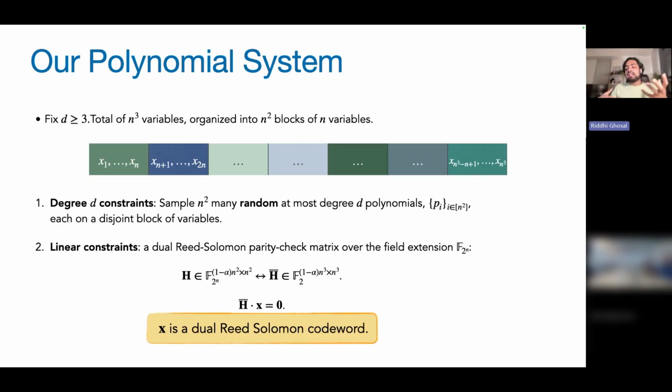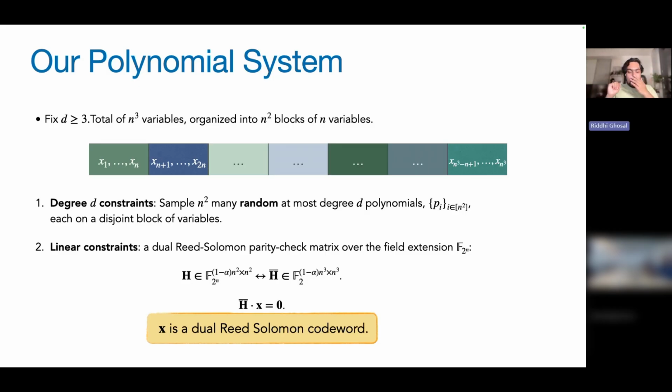And what I want to say is that X is going to be a dual Reed-Solomon code word. So at the end of the day, the bottom line is I'm going to feed you a system of polynomials where I'm saying the following two things: give me an x that satisfies this degree d higher degree polynomial system and is also a dual Reed-Solomon code word simultaneously. Right. So this is the problem that we'll try to solve here.